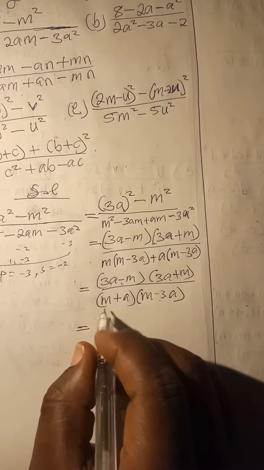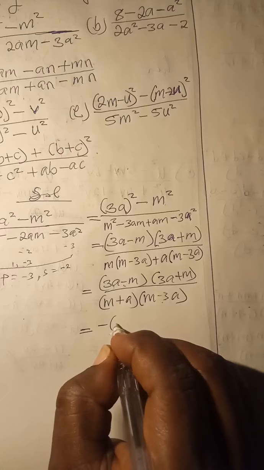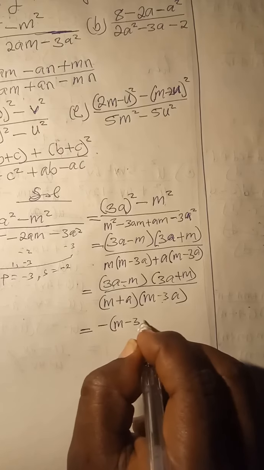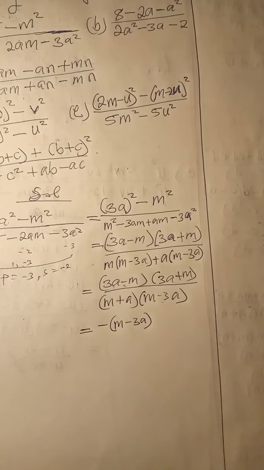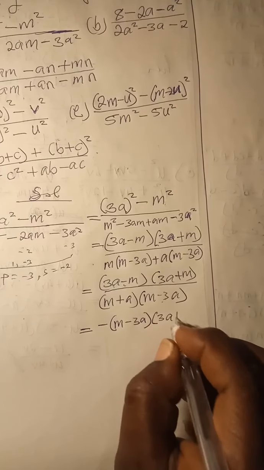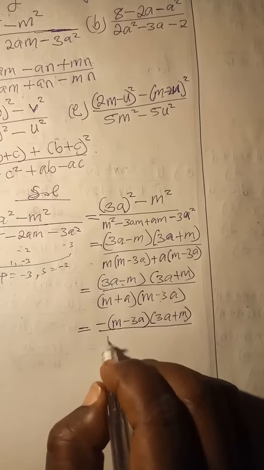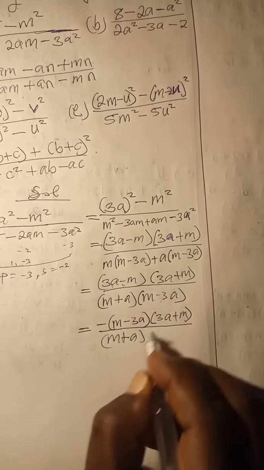Please don't forget this manipulation. So I have minus bracket m minus 3a. That is how to get that. Now I have bracket 3a plus m, everything over m plus a bracket m minus 3a.